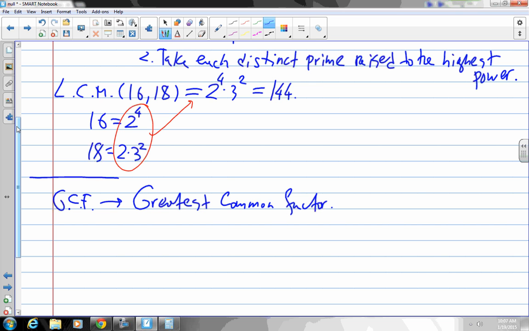So there you do the same thing. You take both numbers, you do the prime factorization first, but instead of taking everything to the highest power, you only take the common factors to the lowest power. So now a number has to be in both factorizations, and you pick the smallest one.